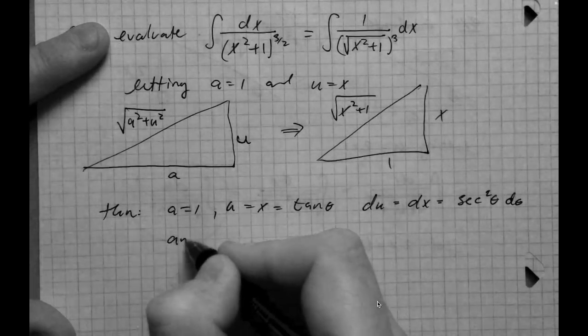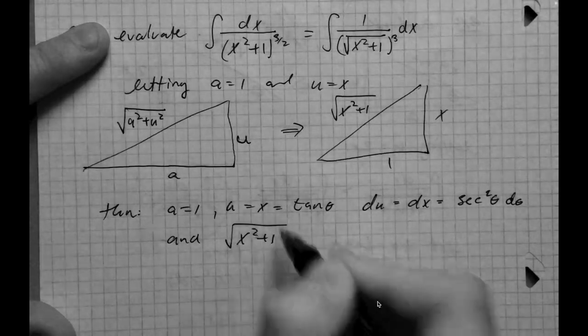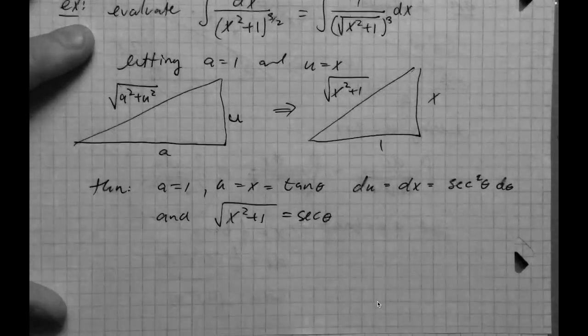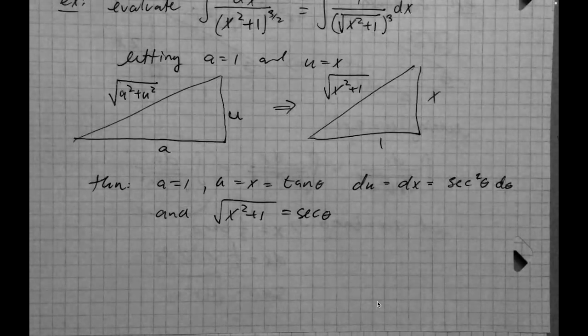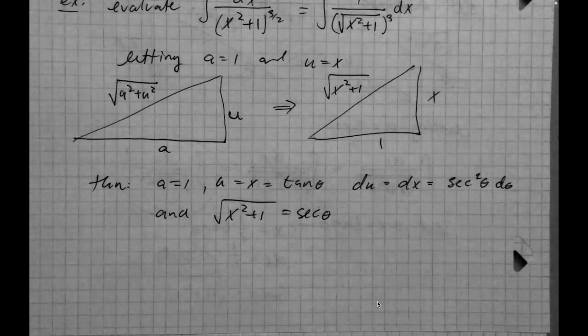And then that leaves, of course, the square root of x squared plus 1 part as secant theta. Okay, so we kind of did this ahead of time. We sort of worked out what happens with this substitution. Well, it produces a secant.